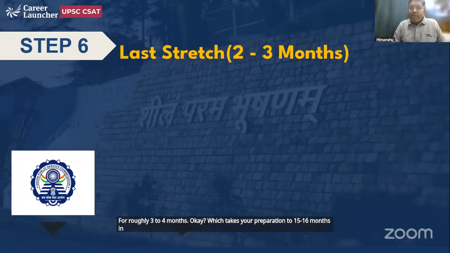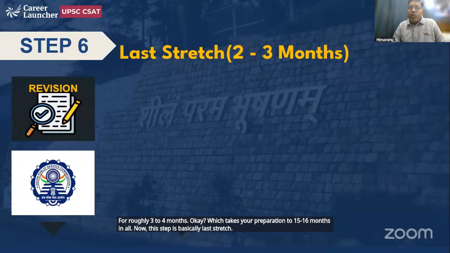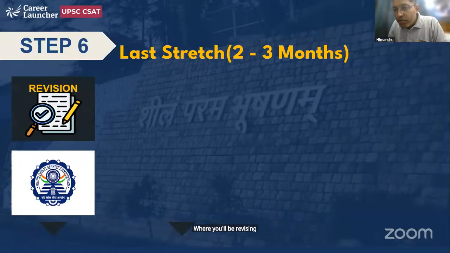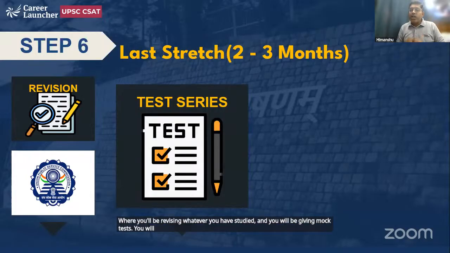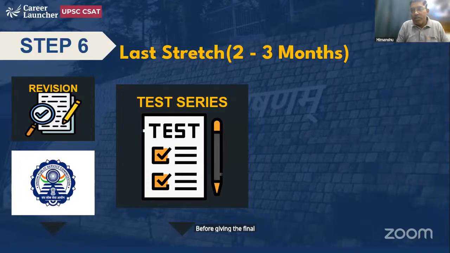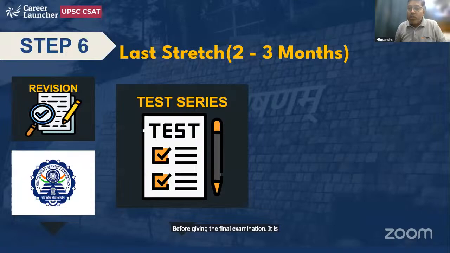This step is basically the last stretch where you will be revising whatever you have studied and giving mock tests. You will be giving actual-like examinations before the final examination. It is super important to give as many mock tests as you can so that you will be better.